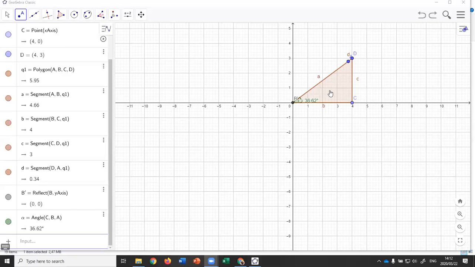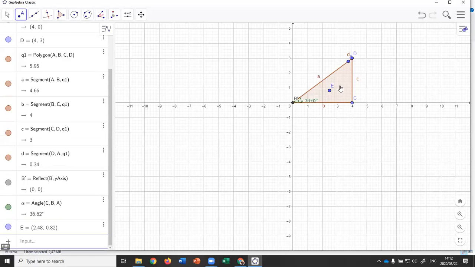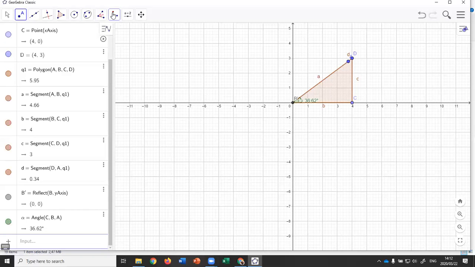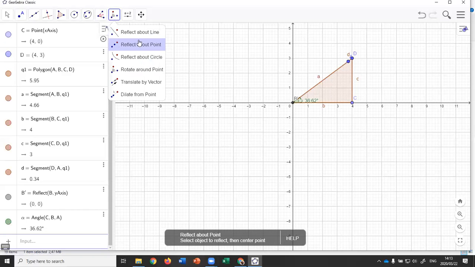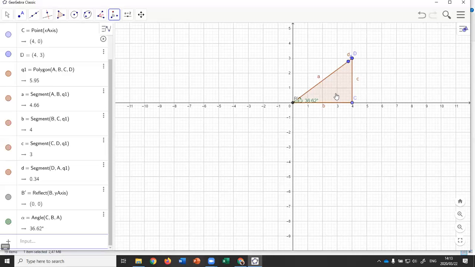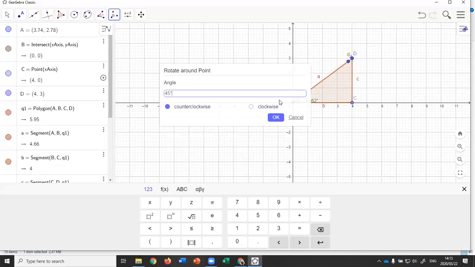When I'm working on a problem, for example, what I'm going to do right now is to rotate this entire triangle around a point. And in this case, my rotation, as I said, is going to be 180 plus theta.